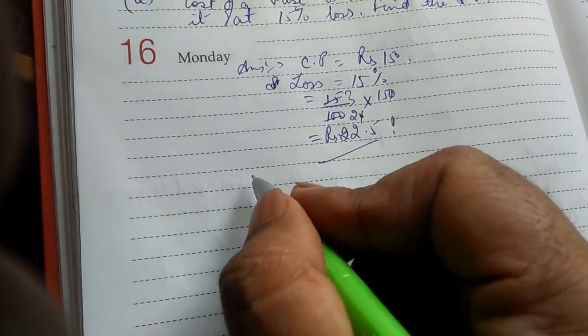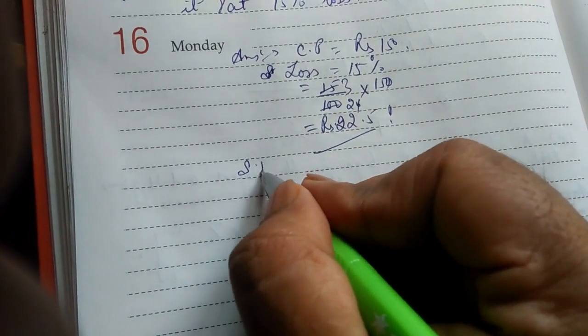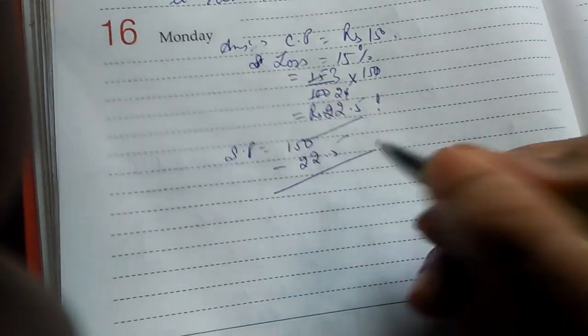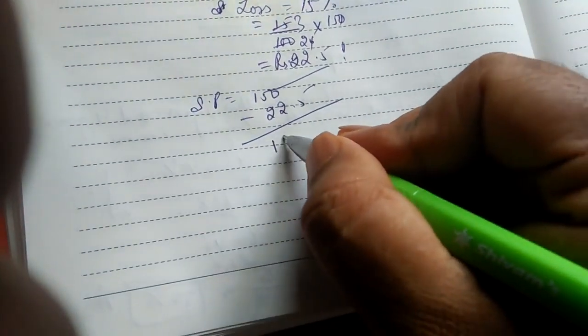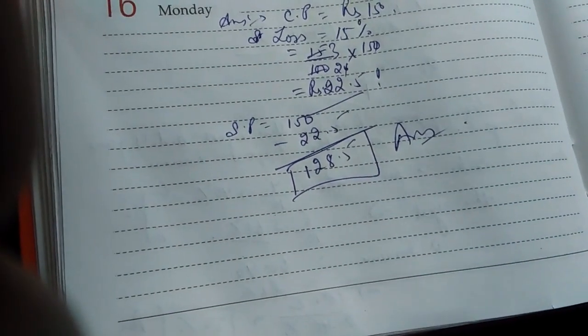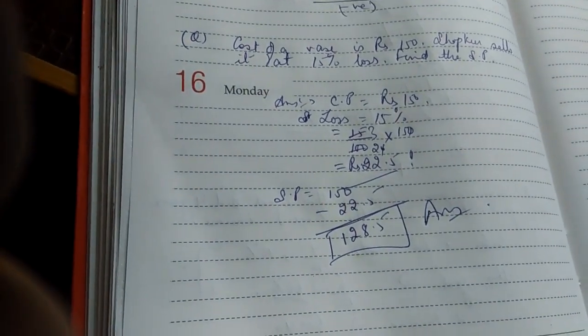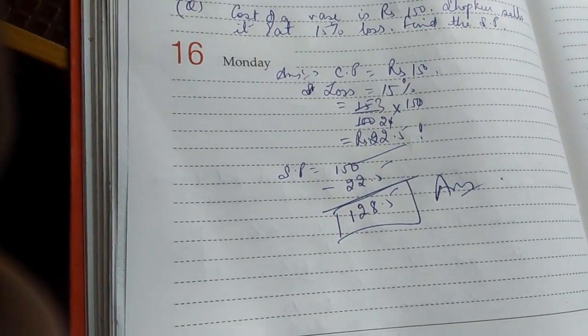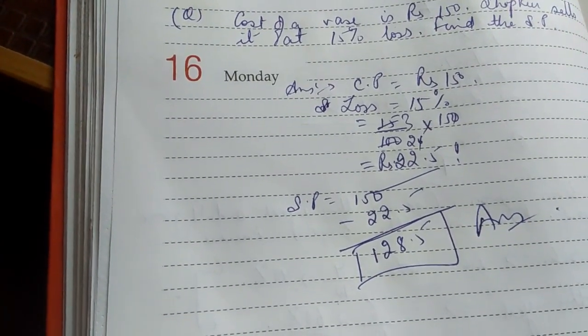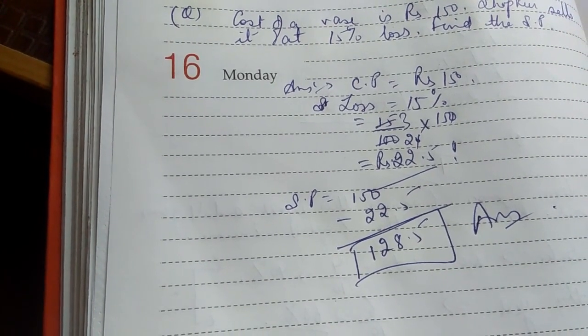Now selling price is equal to 150 minus 22.5, which is 127.5. Answer. Simple enough, nothing so difficult about it. So you can practice a few questions based on this.